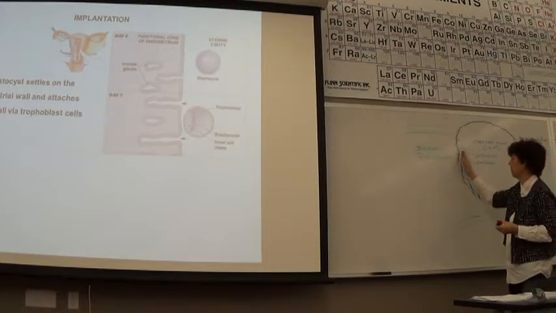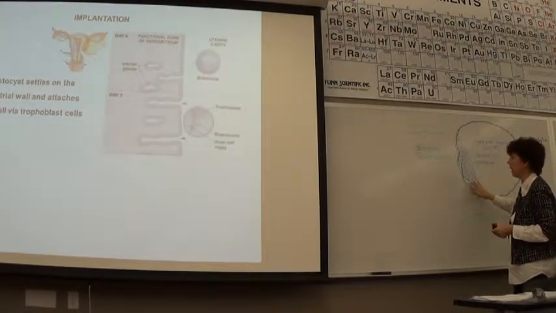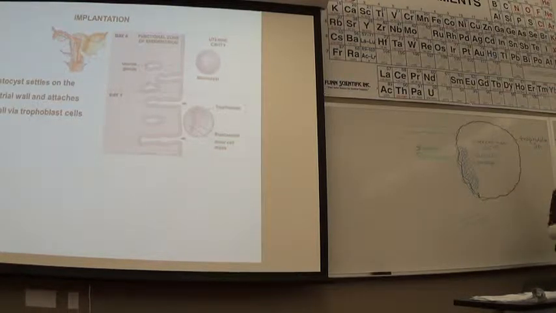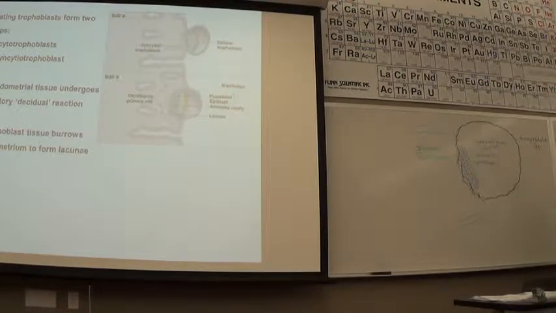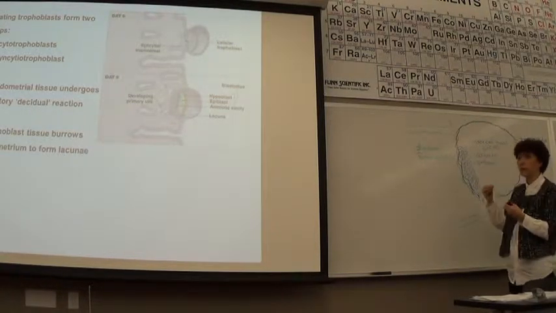So in this contact between the epithelial cells of the uterus and the fetal cells of the trophoblast, these trophoblast cells start to multiply. Okay? So we're in this layer right here, and they start to fuse together.